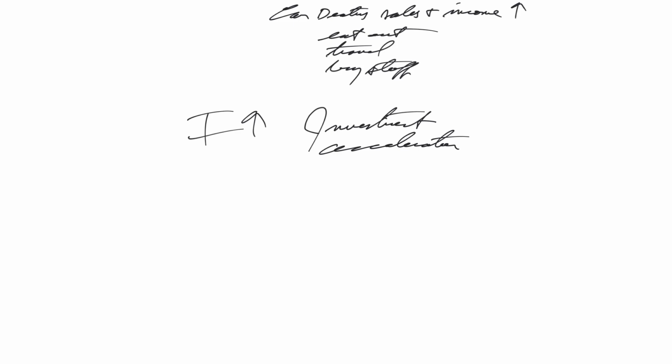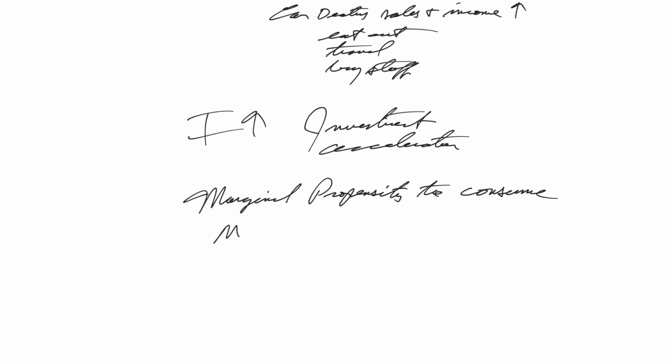Well, the size of the multiplier all depends on something that's called the marginal propensity to consume. We're going to call it the MPC for short.